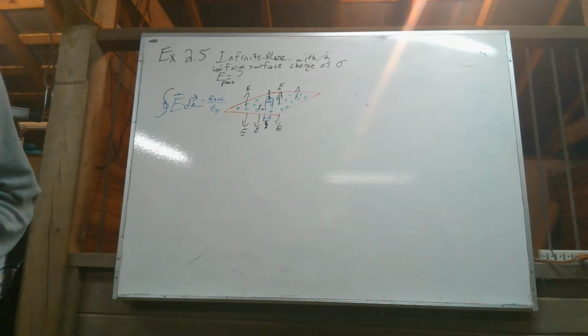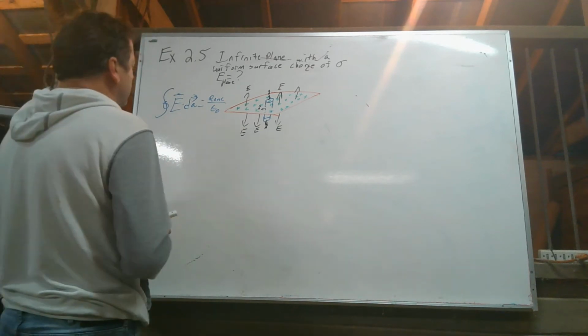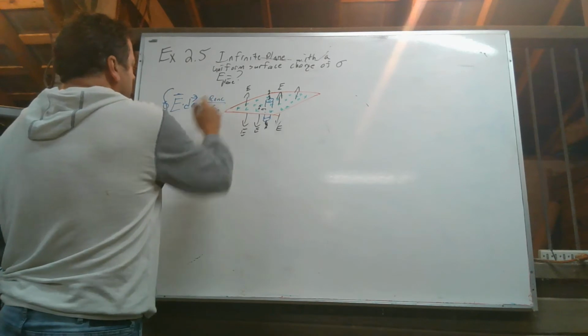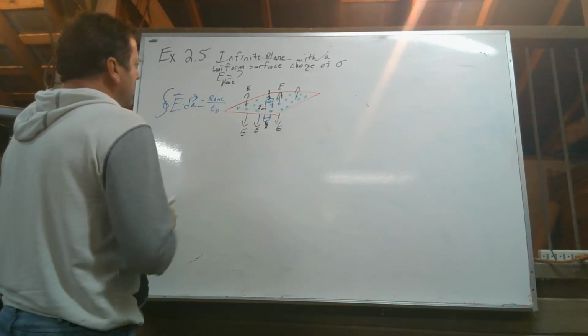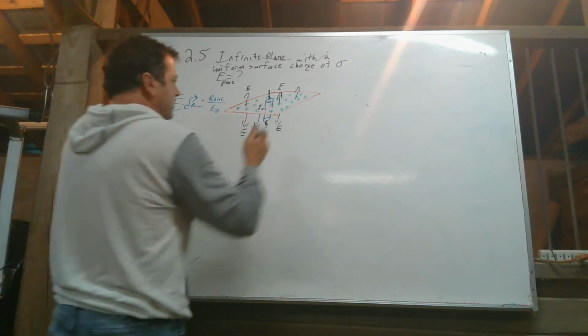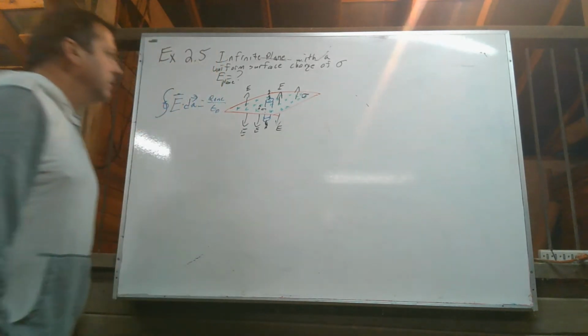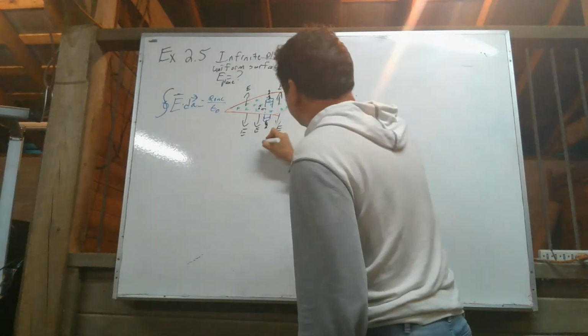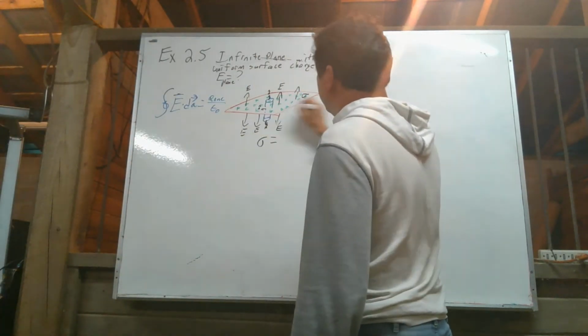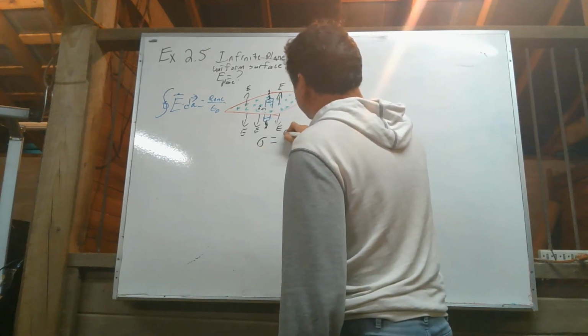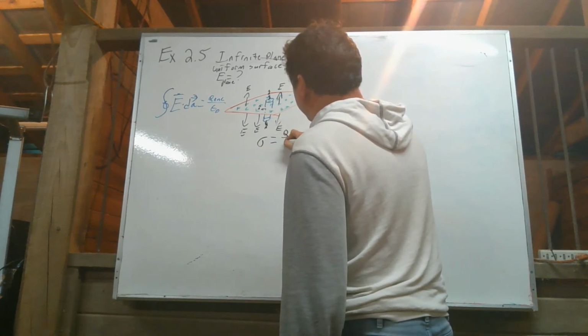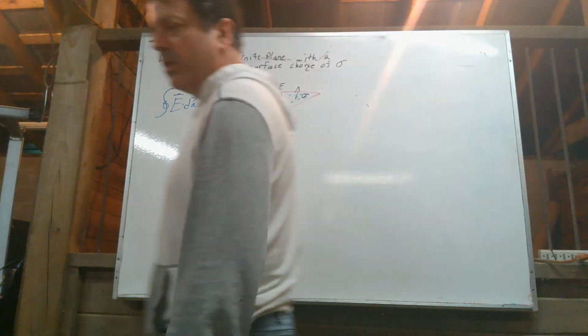Now we've got to find Q enclosed. What's the Q enclosed? Well, we know sigma is equal to all the charge over all the area. That was charge over area.